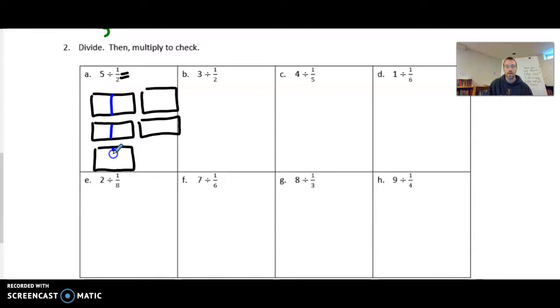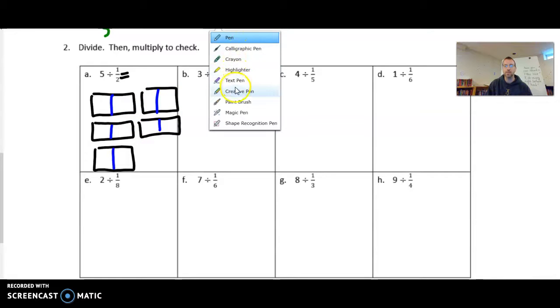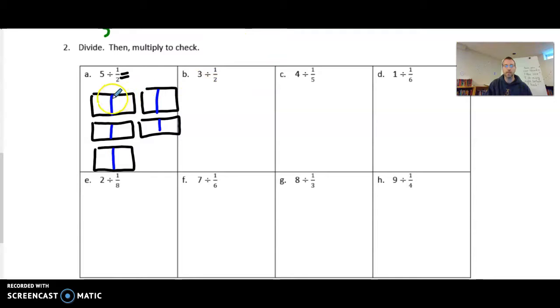So I cut them in half, or snap the candy bars almost in half there. How many students are going to get the candy bars? We'll get our little smiley faces here. Well, there's 1 genius, 2, 3, 4, 5, 6, 7, 8, 9, 10 geniuses are getting candy. 5 divided by 1/2 is going to give us 10 people, or 10 groups if you think of it.